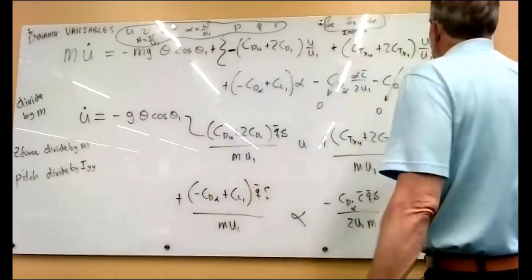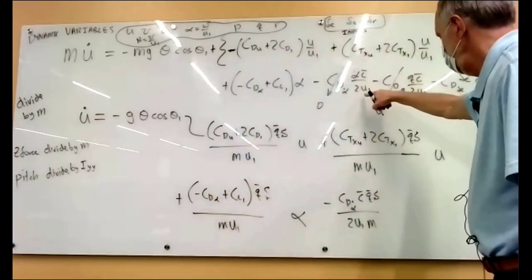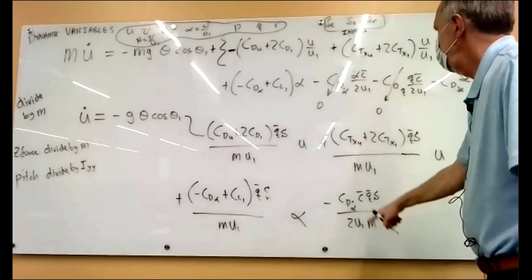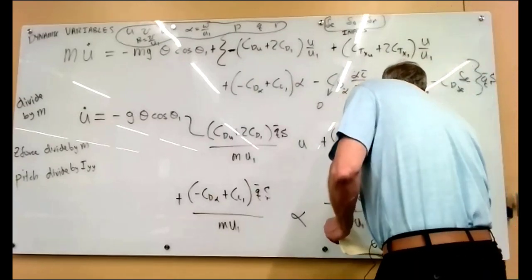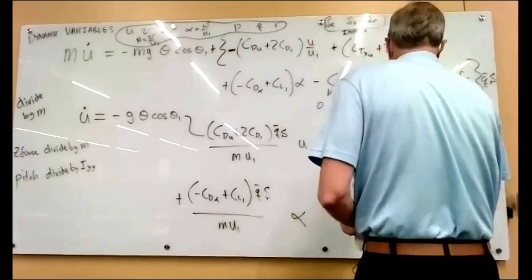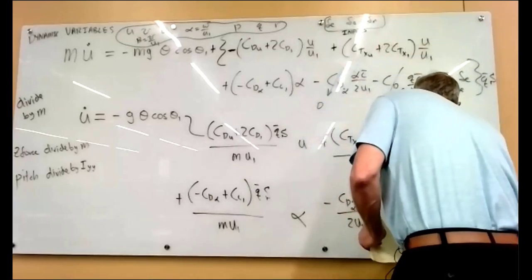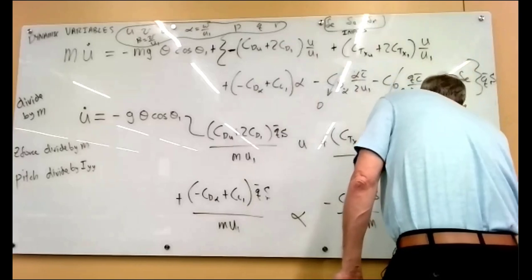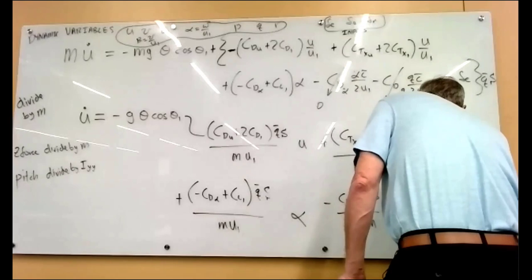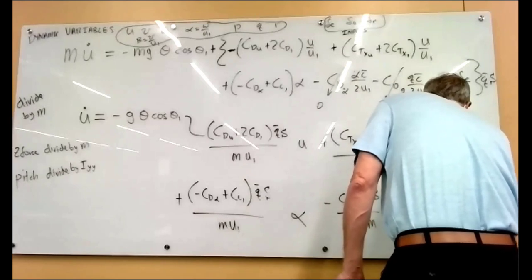I got the Q bar S, got the c bar over 2U1, m, C_D alpha dot, and this multiplies alpha dot. And you can do the same thing with the C_D_q term. C bar, Q bar, S over 2, U1, m, and that multiplies q.